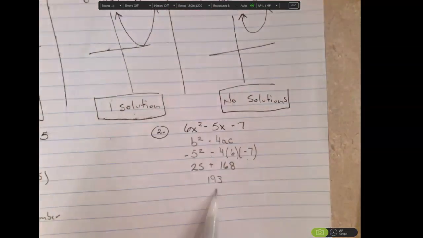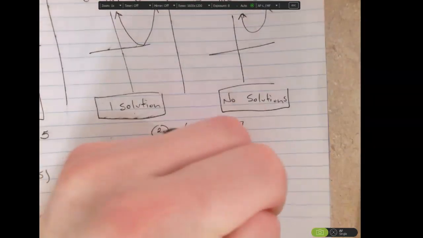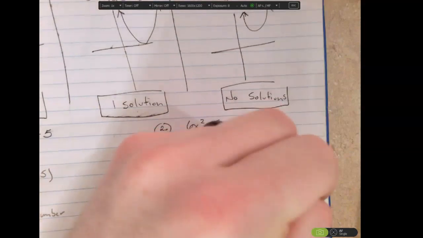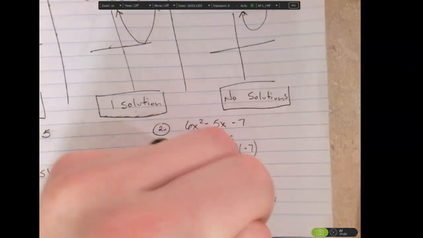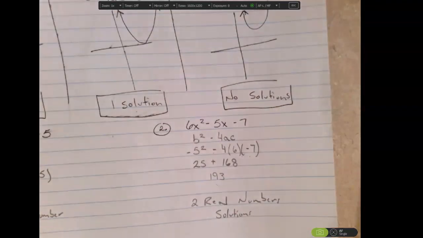Using your chart, 193 is more than 0, so therefore you have 2 solutions. So with this one, your answer is 2 real number solutions. And there you go. So that's a little bit with the discriminant and working with it, and if you have any questions over the homework, that's what it means.